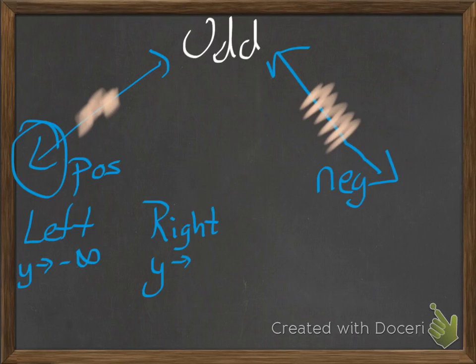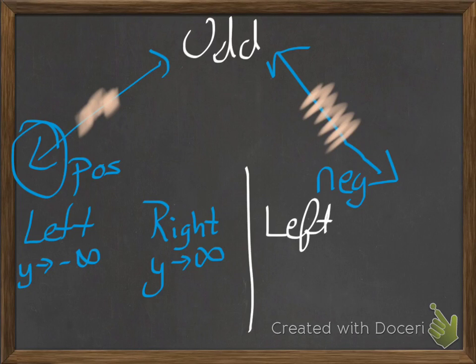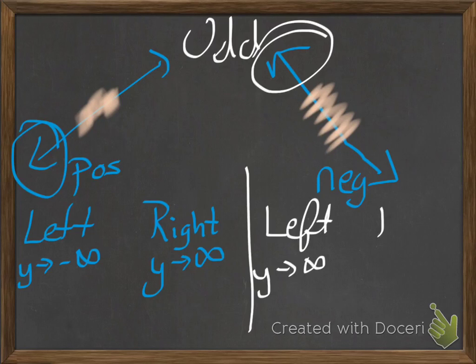The right-hand side is positive infinity. On the other side, on the negative one, the left, looking at this corner, is it going to positive or negative? It's going to positive. The right is going to negative.